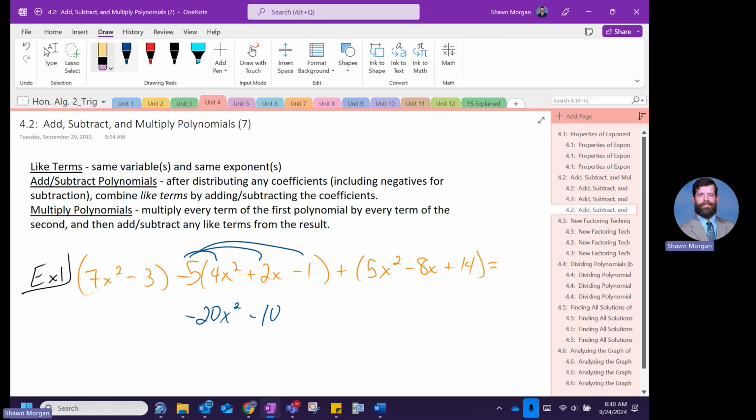Minus 10x and then plus 5. All right. And we really weren't doing anything with these other ones, just lining them up.